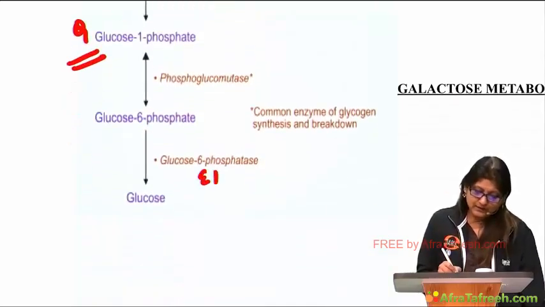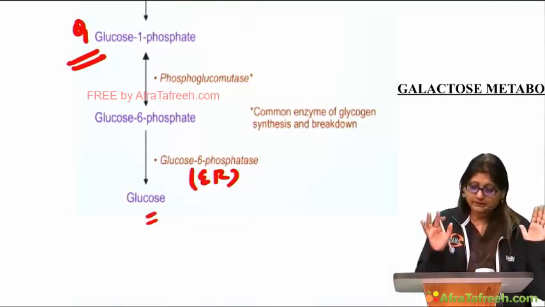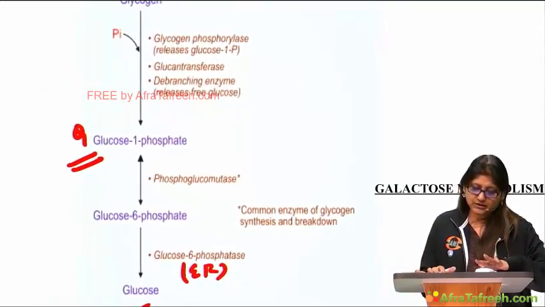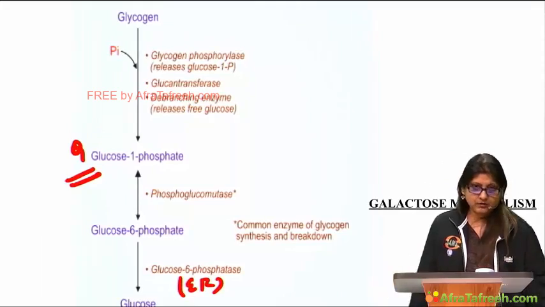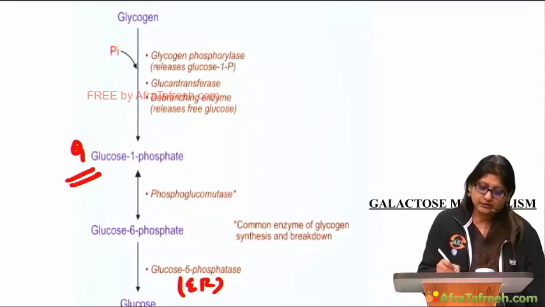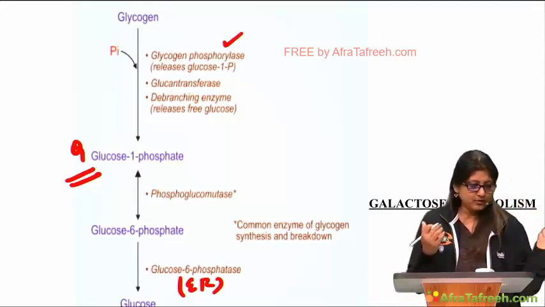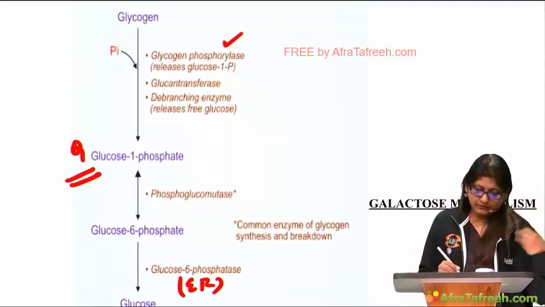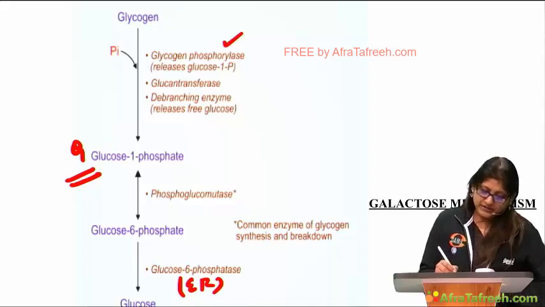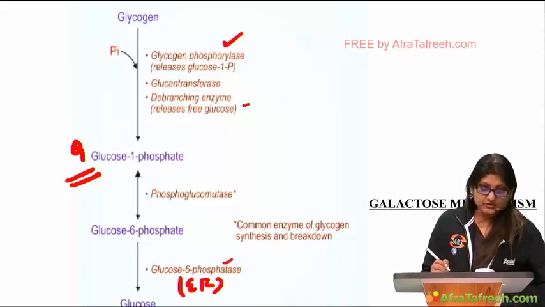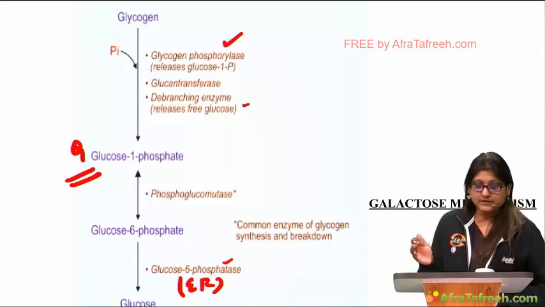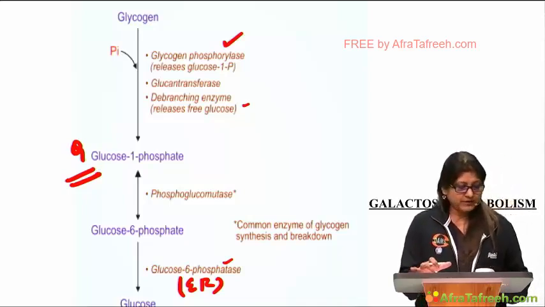And then this, in the endoplasmic reticulum, is converted to free glucose. Simple. This is glycogenolysis. Only these things you need to remember. You need to remember the phosphorylase enzyme, which is the rate limiting enzyme of glycogen breakdown. You have got debranching activity. You have got glucose 6-phosphatase activity. All these enzymes are needed for breakdown of glycogen.